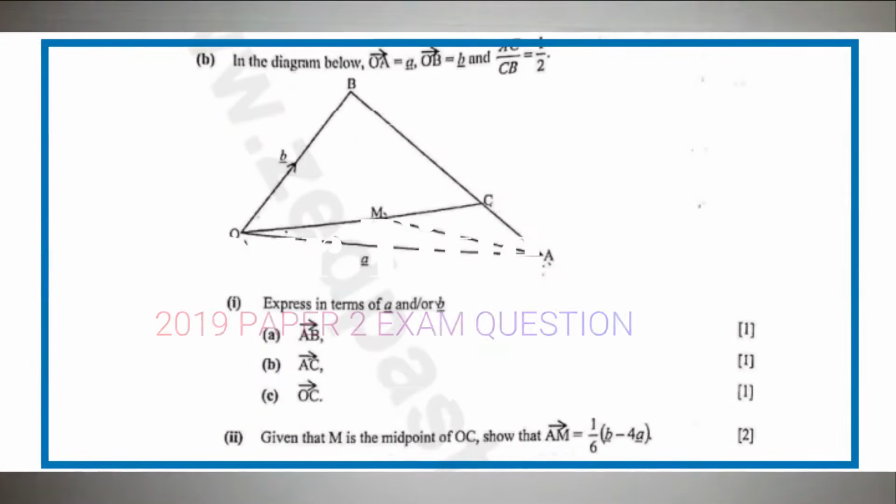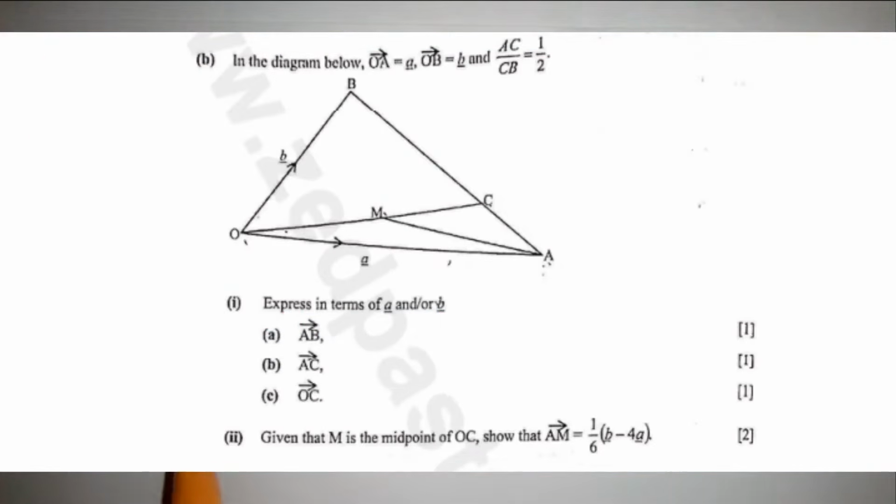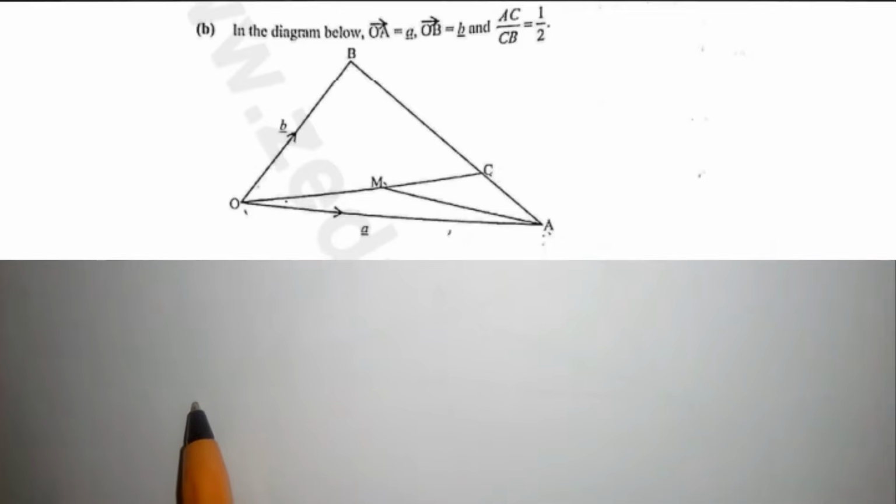Good. So we now try to answer an exam question, paper 2 kind of exam question. So follow nicely all the steps I'll be explaining. Okay, we have been given a question here which is very important, and this question came in 2019. There is a ratio. If you can see here, they are saying in the diagram below, vector OA is equal to A, vector OB is equal to B, and there is a ratio which looks like this.